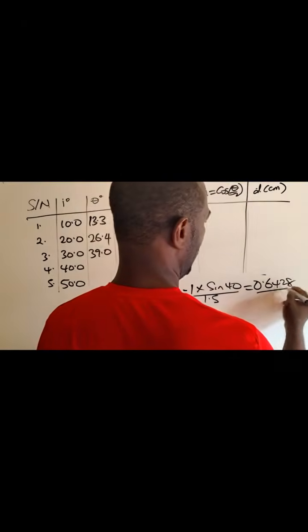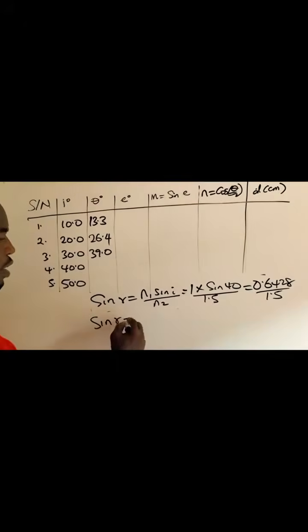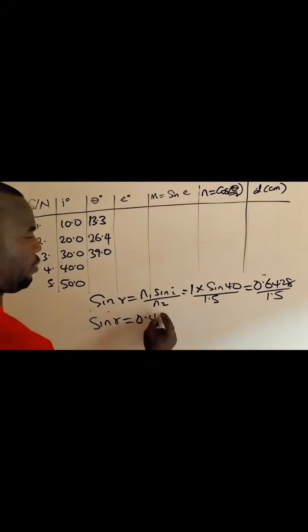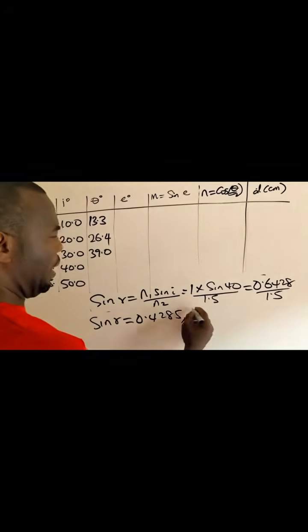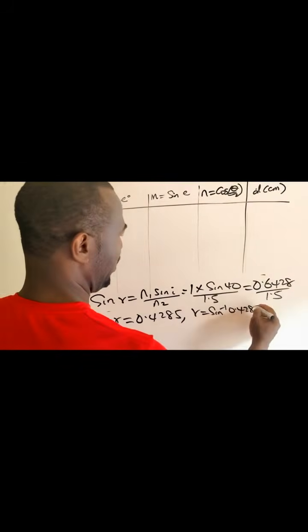We divide 0.6428 by 1.5 and get 0.4285. So our R becomes sine inverse of 0.4285.